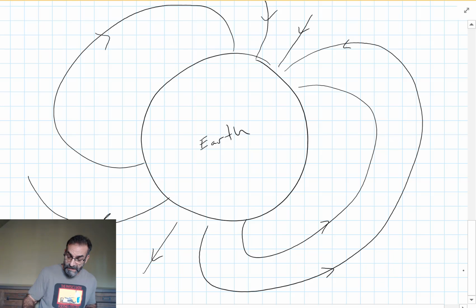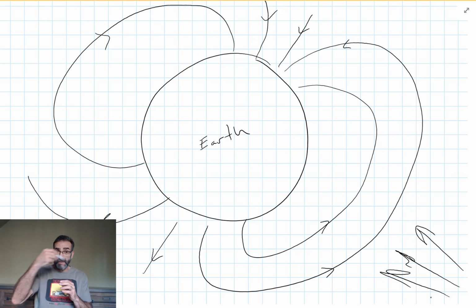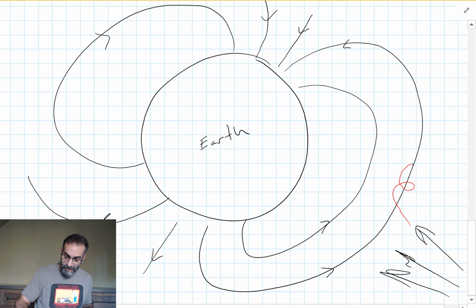Charged particles from the sun come toward the Earth. And instead of crossing through those magnetic field lines, because charged particles, when they hit magnetic field lines, tend to want to circle them, if they have any component of their velocity along the magnetic field line, if they're coming in at just a slight angle, then they will spiral around those magnetic field lines until they hit the Earth's atmosphere.